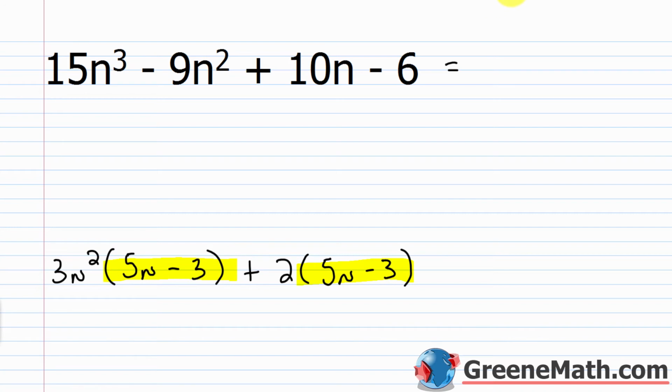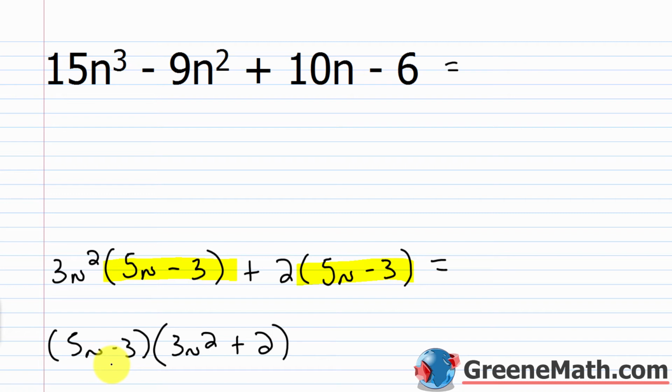And if I pull that guy out, what am I going to have? So I'd have 5n minus 3 times, what would be left? If I pulled out a 5n minus 3 here, I'd have 3n squared. If I pulled out a 5n minus 3 here, I'd have a 2. So plus 2. And so this is my factored form. I have the quantity 5n minus 3 times the quantity 3n squared plus 2.